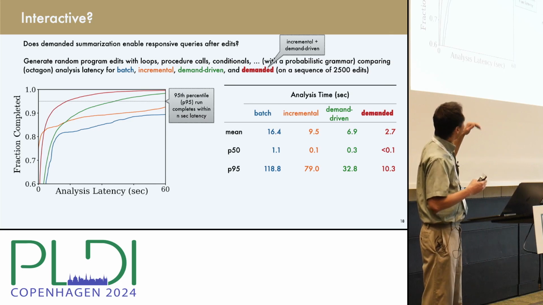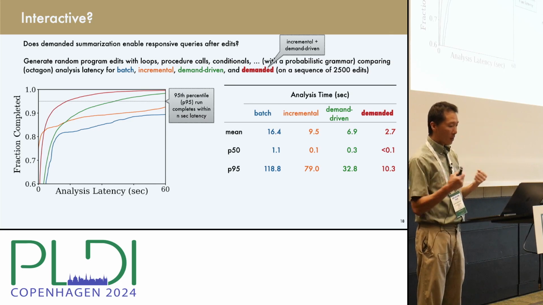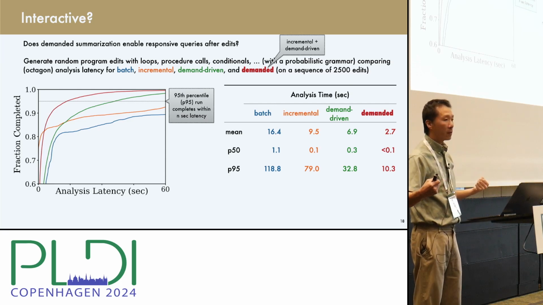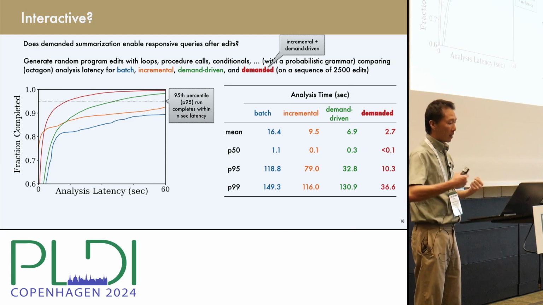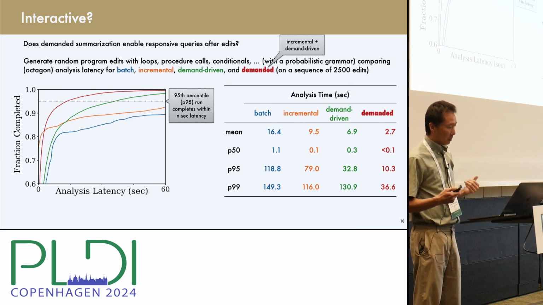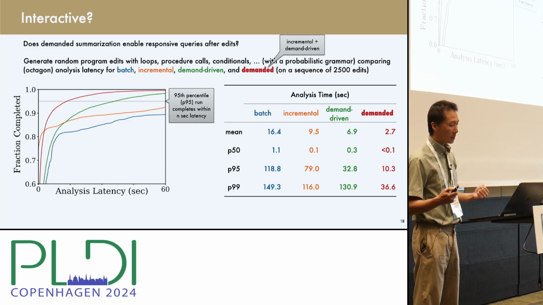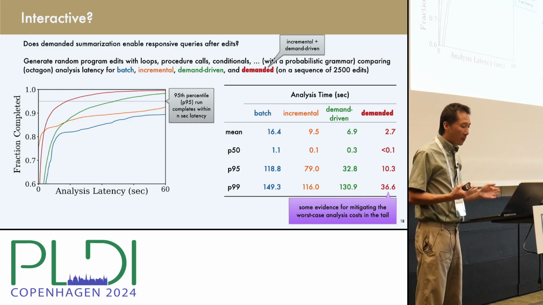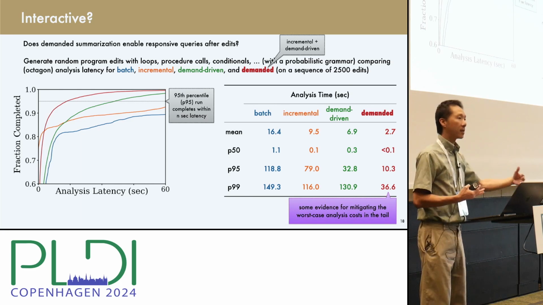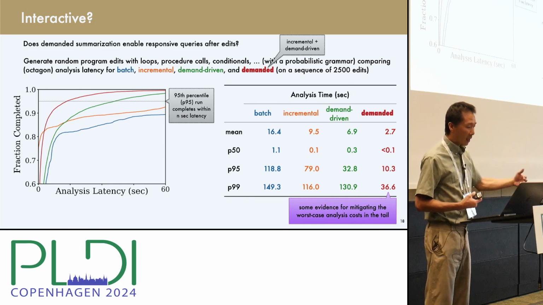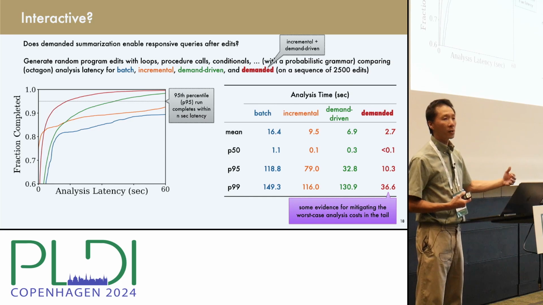The mean and P50 show that there's already some separation for demanded. It starts to separate more at the P95 level, and at P99, the 99th percentile slowest run, the separation really becomes quite evident. So this provides some evidence for mitigating the worst-case analysis cost. Really, it's in the tail that we want to enable interactivity.